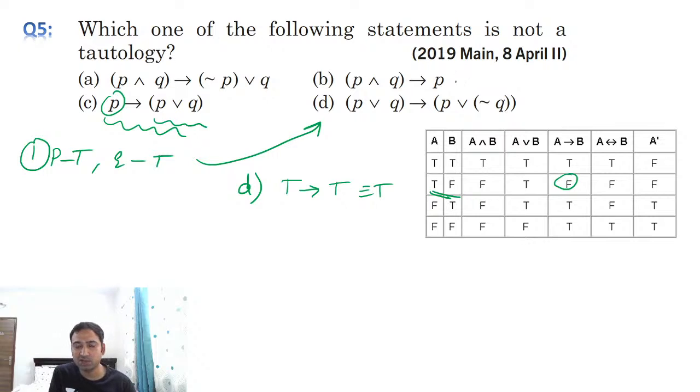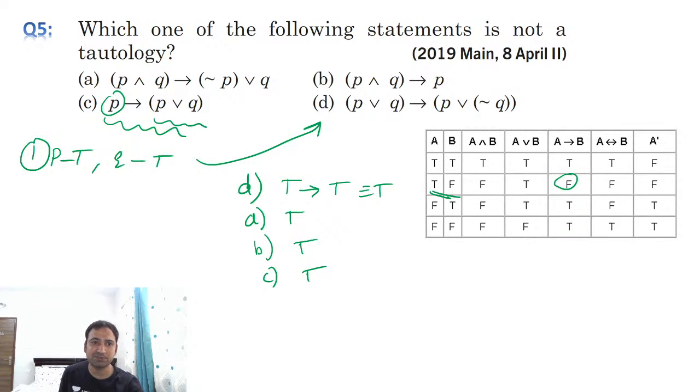And what about the remaining options? All options are giving true only. Option A, true implies true, we're getting true. Option B, true implies true, true only. Option C, true implies true, true only. We couldn't eliminate any of the options, guys, for this substitution, true and true.